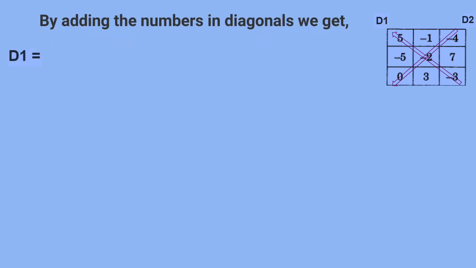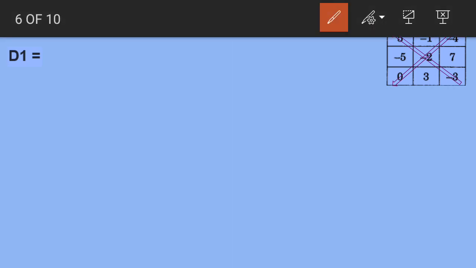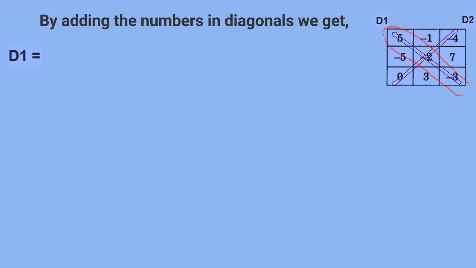This is the question, and here is a diagonal. Diagonal 1, and this is diagonal 2. I am going to add this diagonal. 5 plus minus 2 plus minus 3, like this I'll write first.